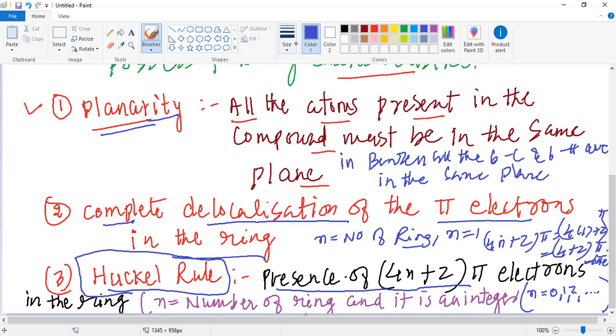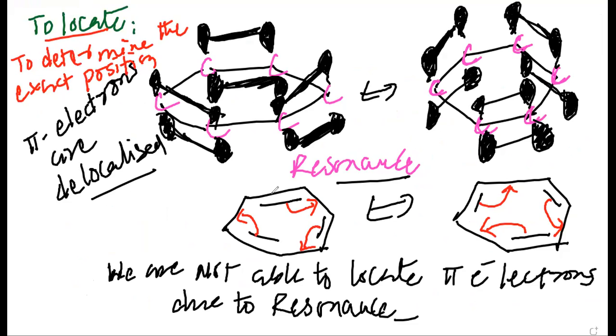So you can see, my dear students, that in benzene we have 6 pi electrons. How do we get 6 pi electrons? We have 2 pi electrons here, 2 pi electrons here, and 2 pi electrons here.